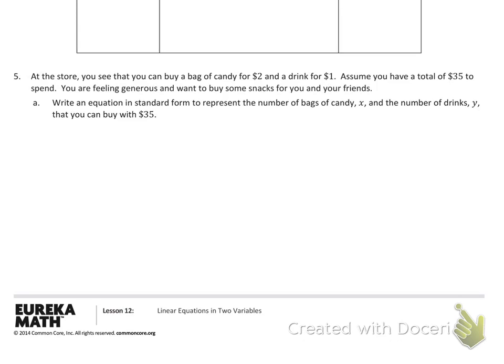Of course, you wouldn't eat all of that, right? So we're going to write an equation in standard form to represent the number of bags of candy and the number of drinks that you can buy with $35. Okay, and so some variables have been defined for us. X is the number of bags of candy, and Y is the number of drinks. And the total we can spend is $35.